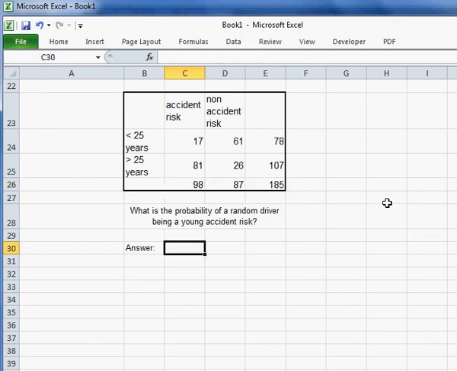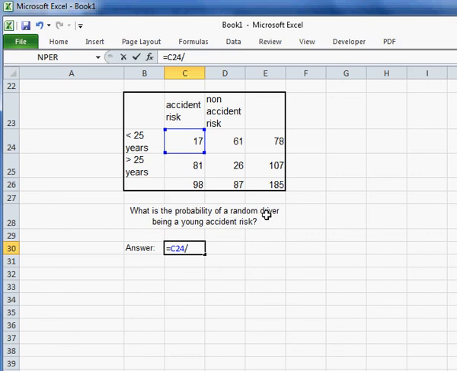We want to know the probability of a random driver being a young accident risk. First we need to know how many young accident risks we have. So these are the young, and these are the accident risks. We've got 17 of those. So we've got 17 observations that meet that criteria out of a population of everybody.